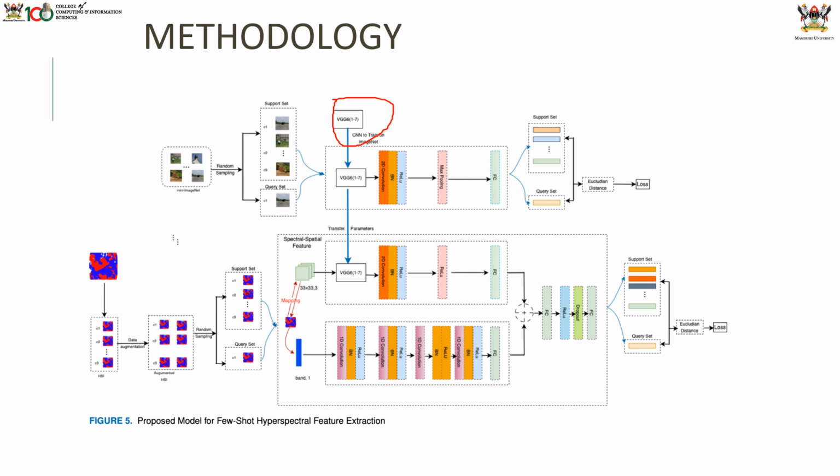The first 7 layers are passed through a CNN network, and then we do feature learning with the ImageNet dataset. As you can see, we do a sampling and we obtain a support set and then the query set.